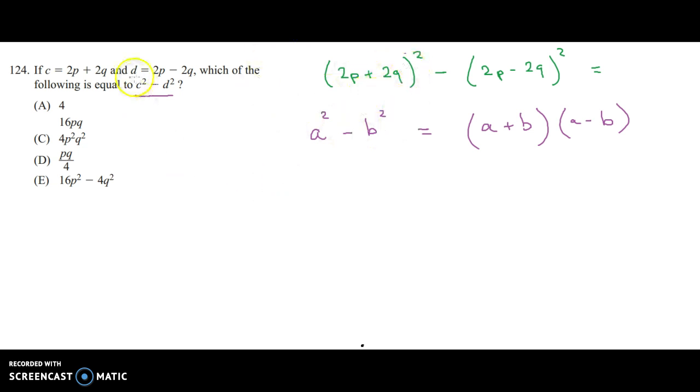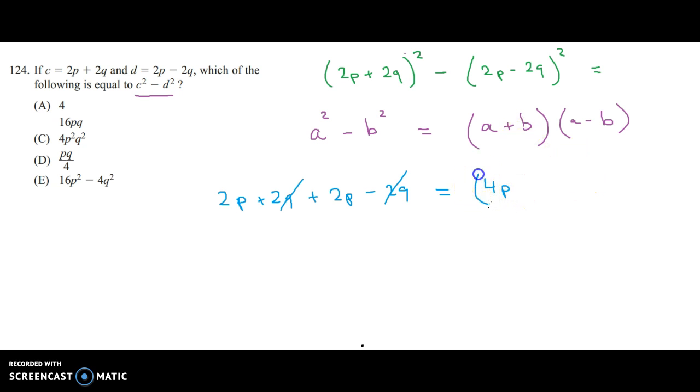This should probably be a lot easier to do. If I do c plus d, let's see what that looks like. 2p plus 2q plus 2p minus 2q, well, the q's cancel out, and we're left with 4p. Okay?